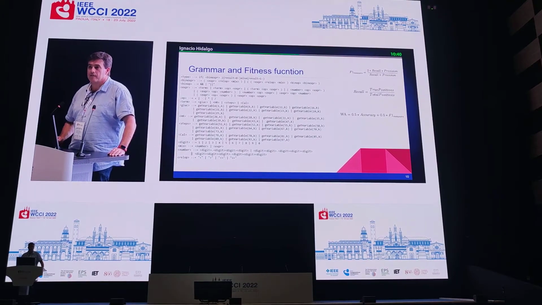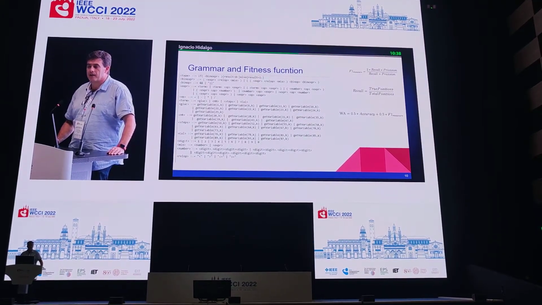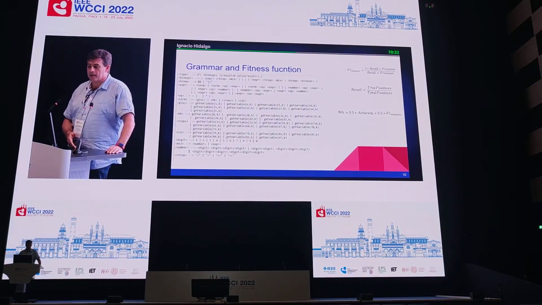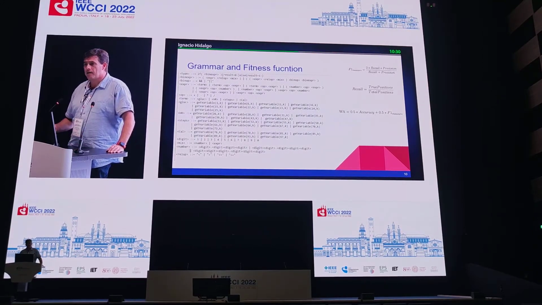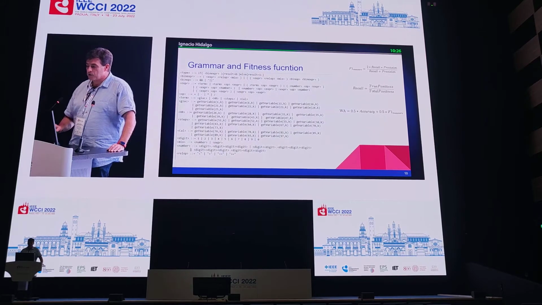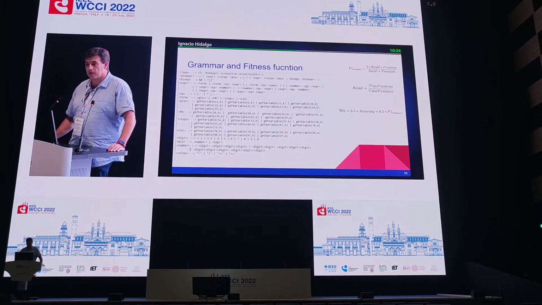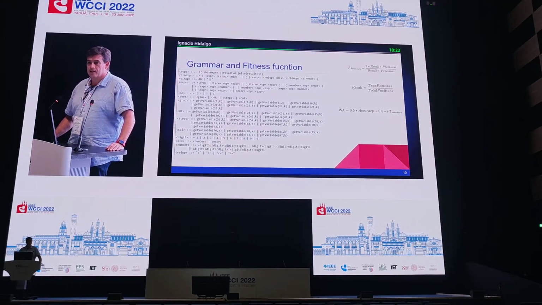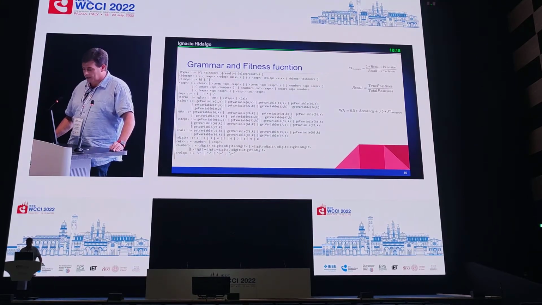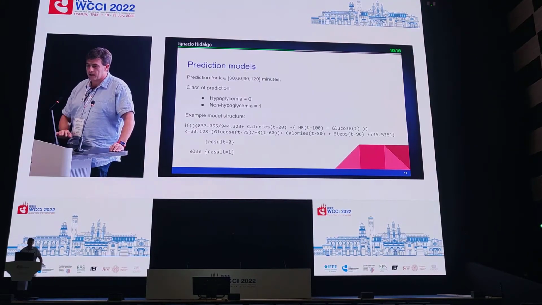So, depending on the value of the glucose, finally we obtain a classification of the event. A 0 will be a hypoglycemia event, and a 1 will be a non-hypoglycemia event. And we use a fitness function, the weighted accuracy, in order to reduce the number of false negatives. That is the most dangerous part in this classification.